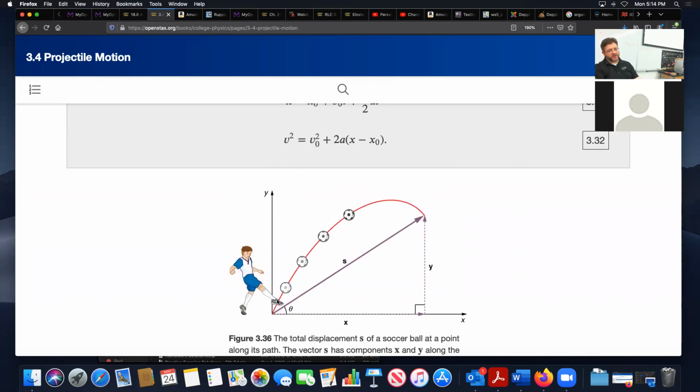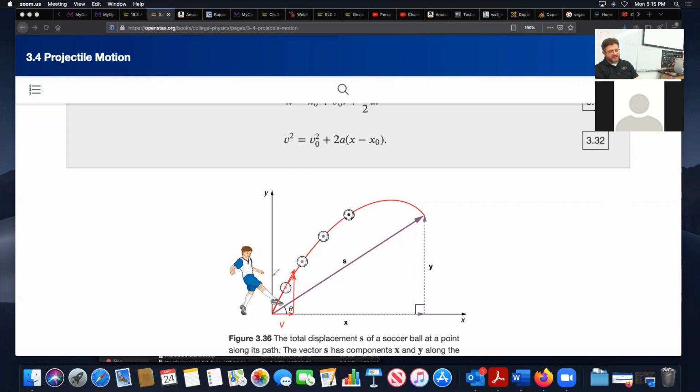If you have this soccer ball that you're kicking, for example, its initial velocity starts off this direction. So that's its initial velocity vector. And part of its velocity is an x component here. Part of its velocity is a y component here. So you're breaking it down into components to start off.